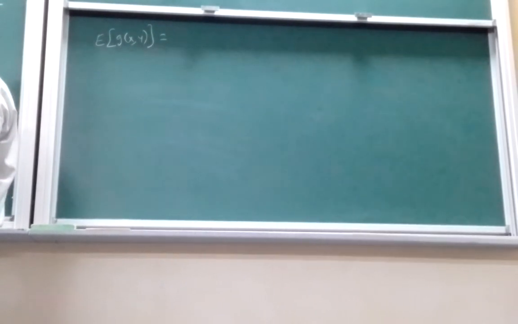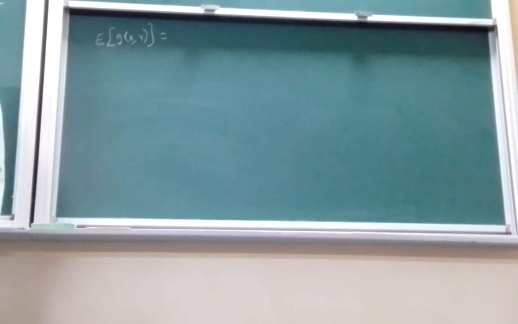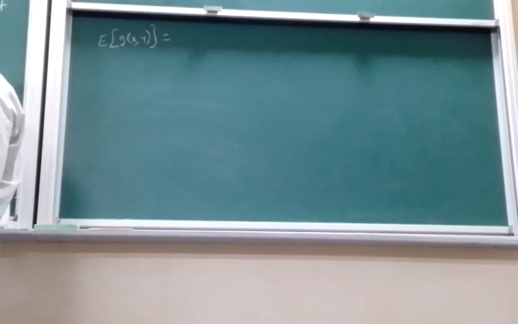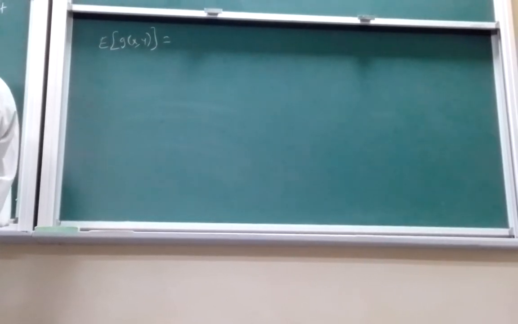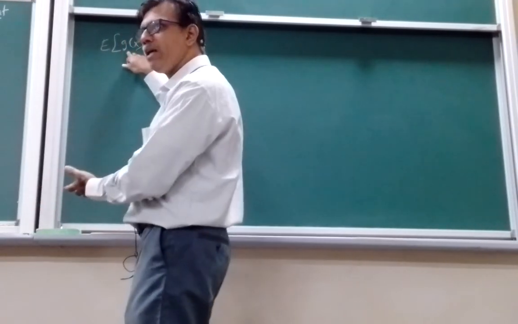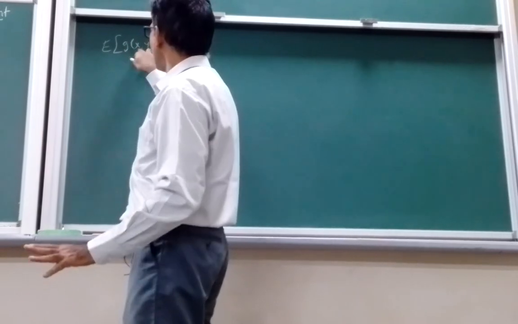We have a function of two random variables, integrating over the whole domain of the random variables, this function with the weight being the probability density evaluated at x and y.